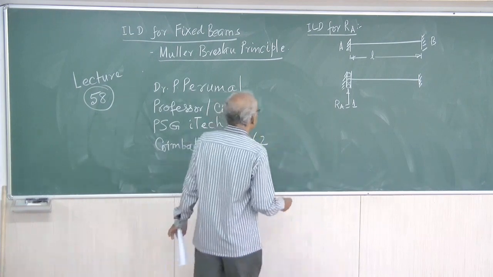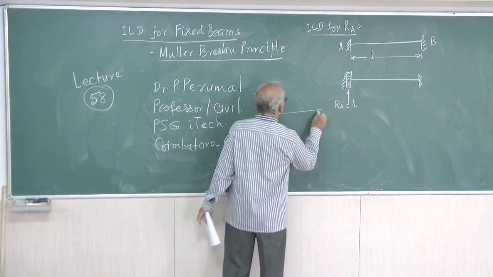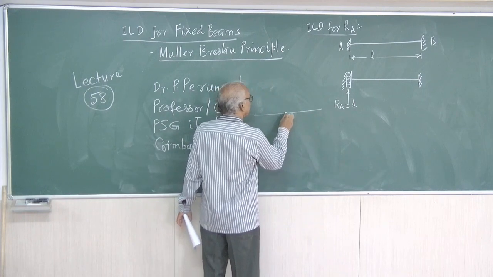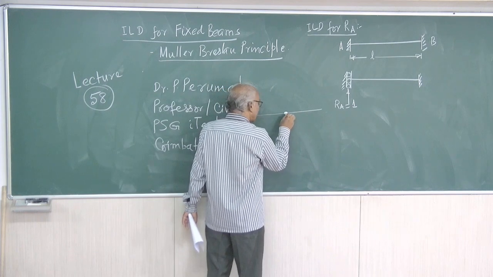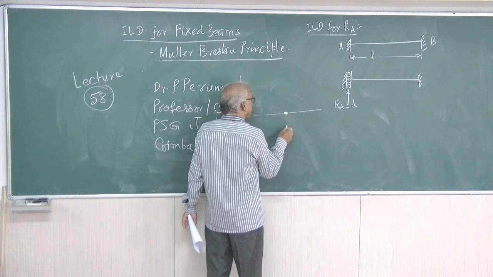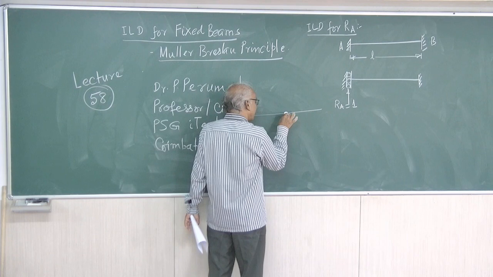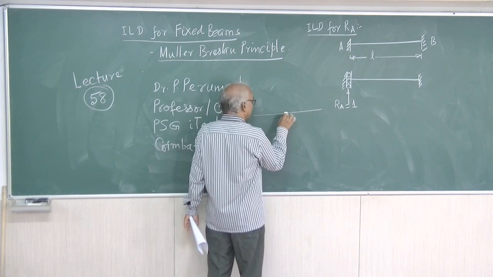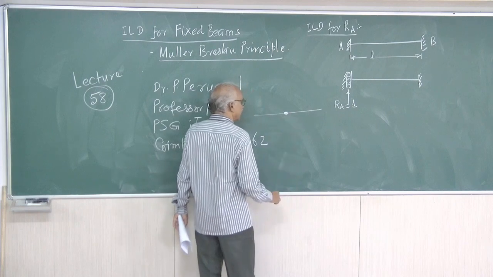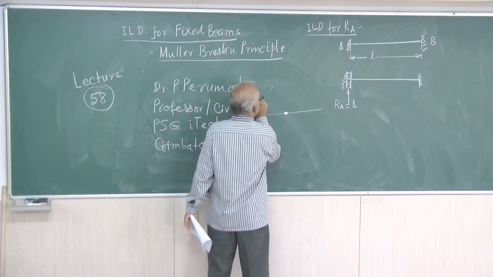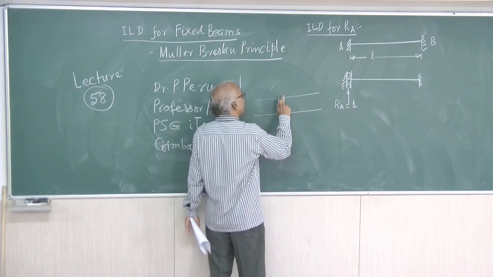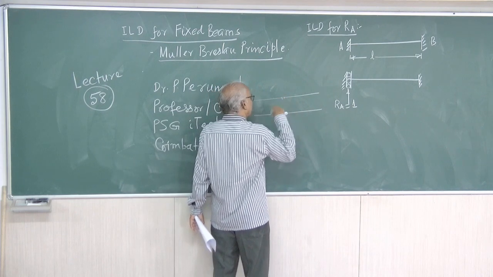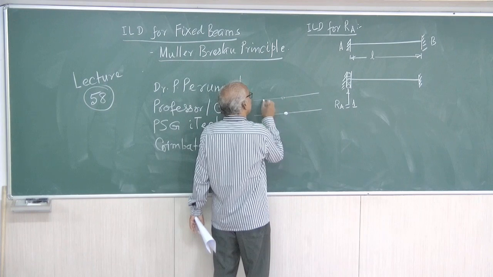Continuous beams, suppose we are asked to draw the influence line diagram for moment at some intermediate point, we introduce a hinge here so that the moment carrying capacity will be removed, but shear force carrying capacity will be retained. Similarly, in the case of a continuous beam, if ILD for shear force at a section is required, we have provided a cut here, and at the same time we have provided a sliding device.